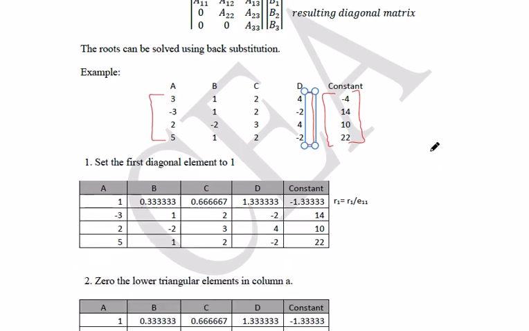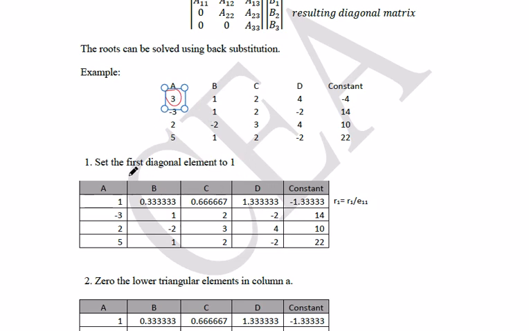So here we are given the steps. The first step is to set the first diagonal element to 1. Our first target is to make this element, this 3, into 1.